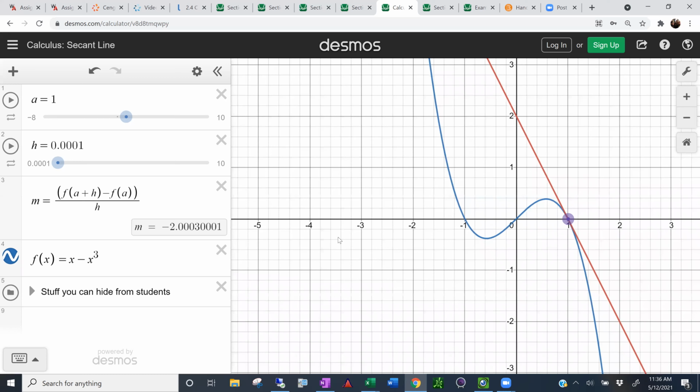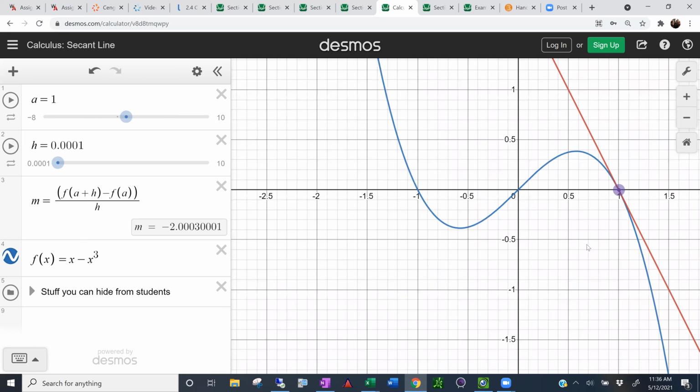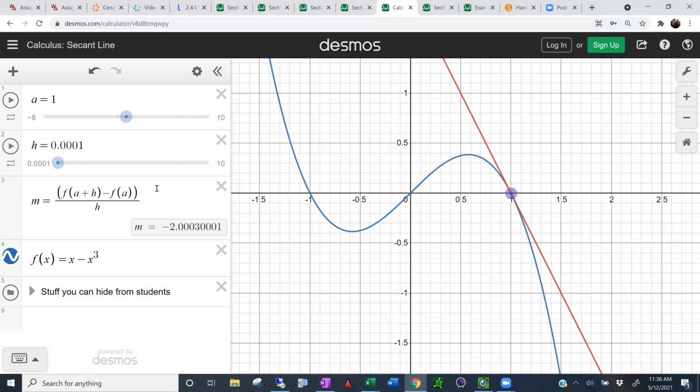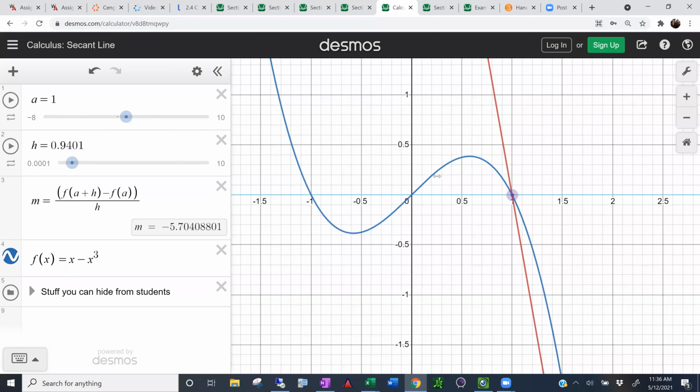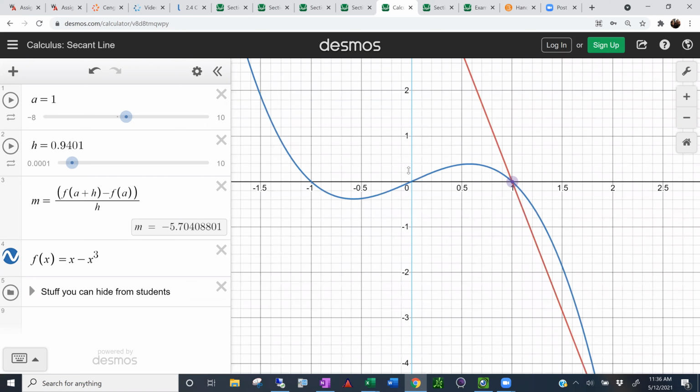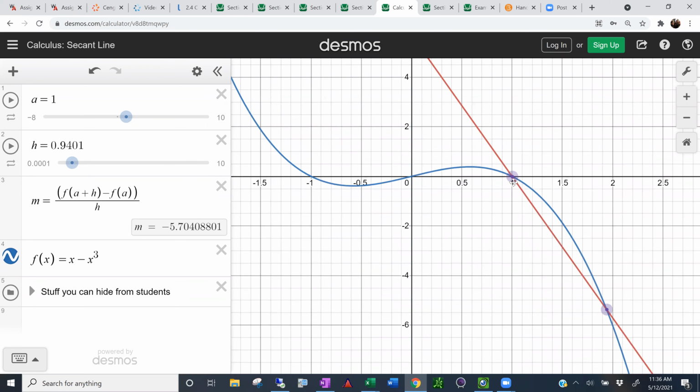We want to try and find the slope of the tangent line. And so what we did was we started out with a secant line. We said, okay, let's just pick 2 points, and I'm kind of struggling to get this to fit right on our graph, but here we go. So we got 2 points on the graph.